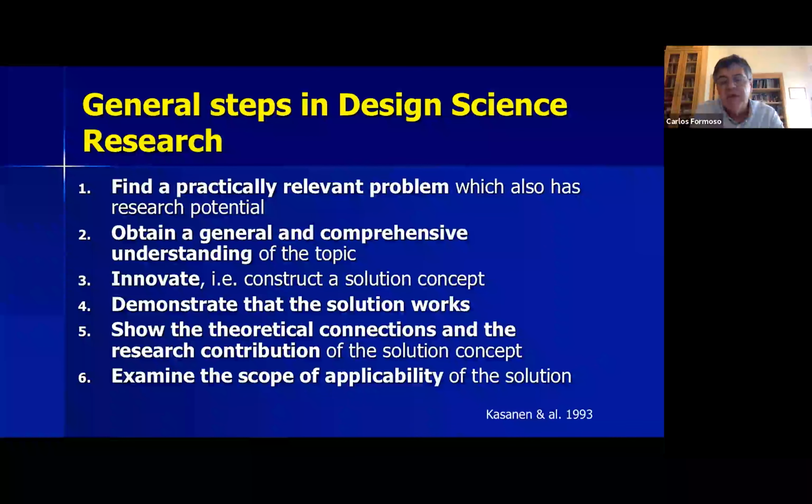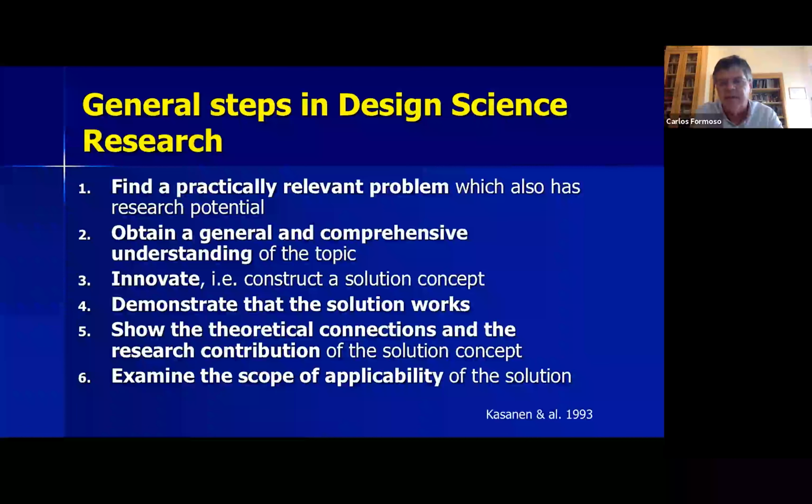Fourth step, we need to evaluate that solution to see if that works, and at the same time, show the theoretical connections of that study, right? So still think about theory. It's not only about solving a problem.